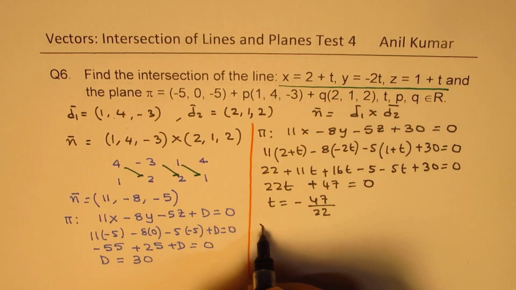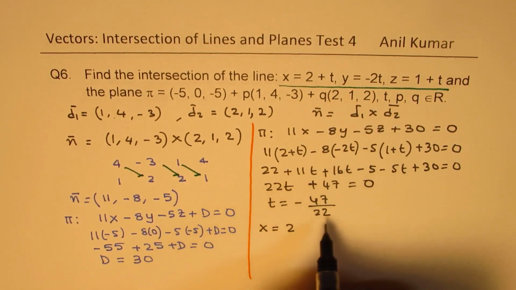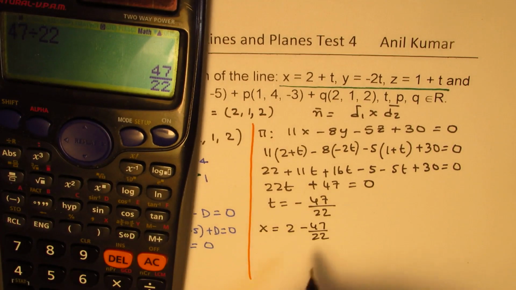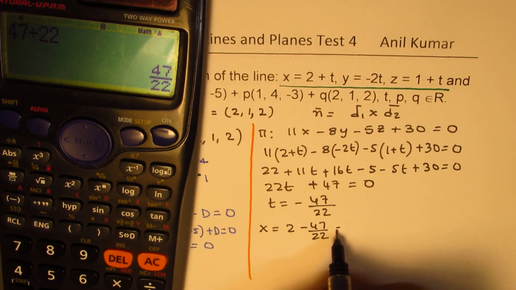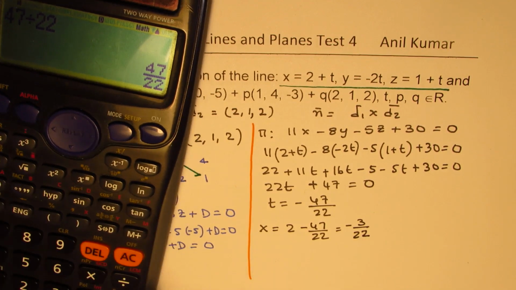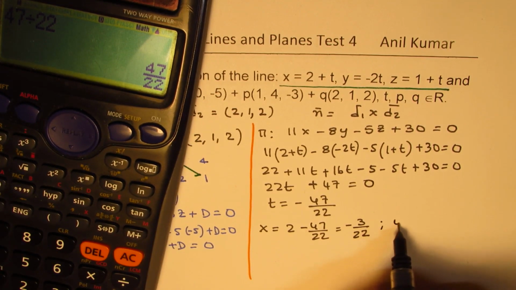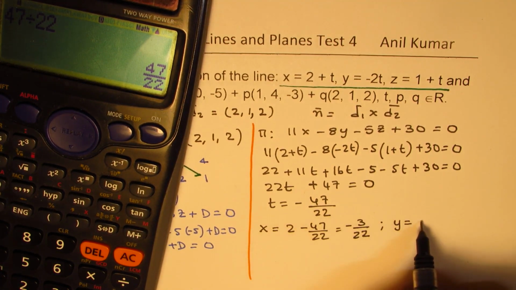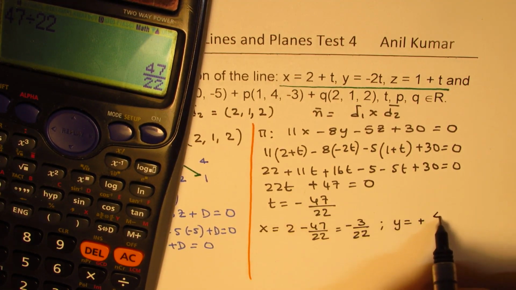So we have x as 2, and t is minus 47 over 22. So we get 2, which is 44, so we get minus 3 over 22. Okay, so that is the x value. As far as the y value is concerned, it is minus 2 times, so it'll be positive, and we can write this as 47 over 11.